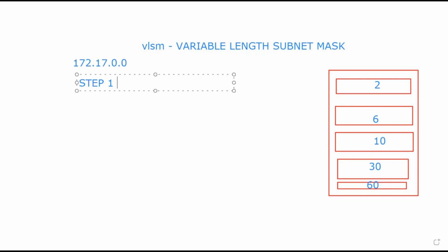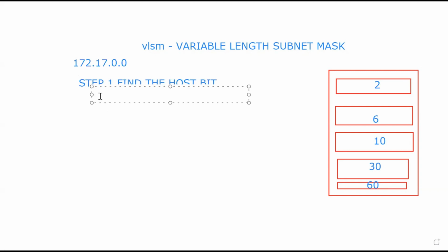Step 1: find the host bits, starting from the ground floor. 2 to the power n, subtract 2, is greater than or equal to 60. 2 to the power 6 subtract 2 is greater than or equal to 60.